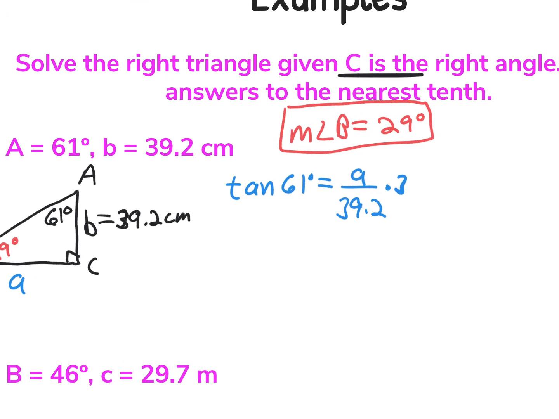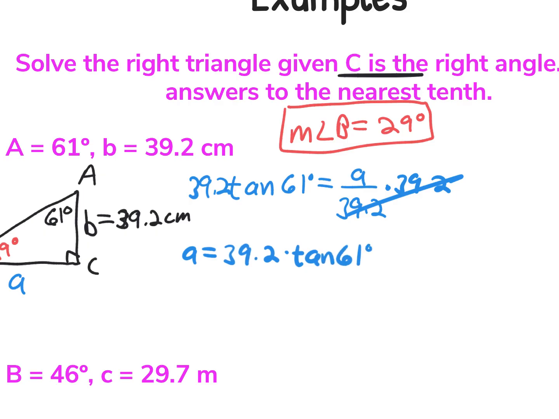Multiply both sides by 39.2. And then these cross out, so then we get side A is equal to whatever you get when we do 39.2 times tangent of 61 degrees, right? Type that in your calculator, see what you get. Good, right? So we get side A is equal to 70.7 centimeters.